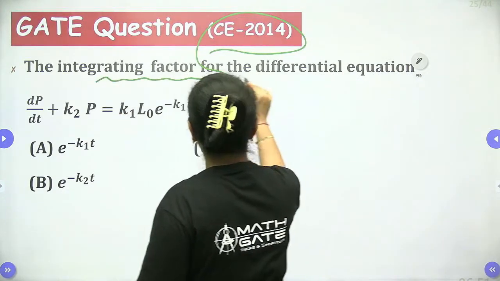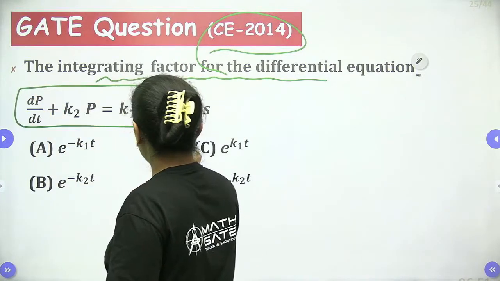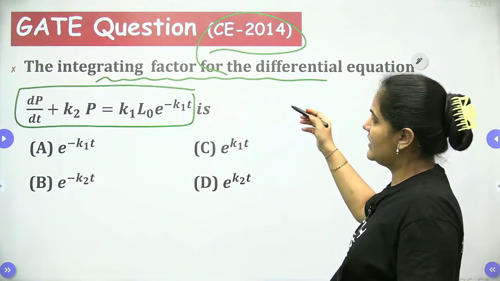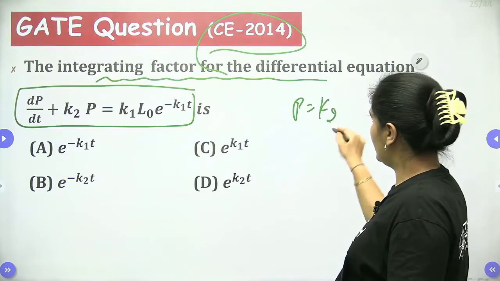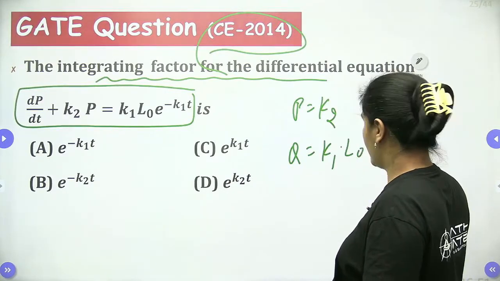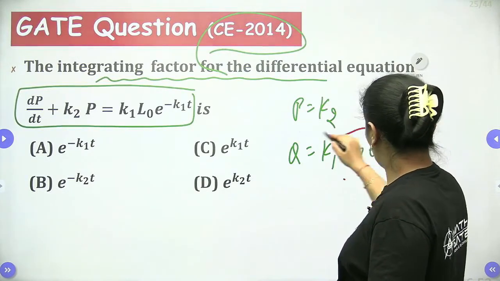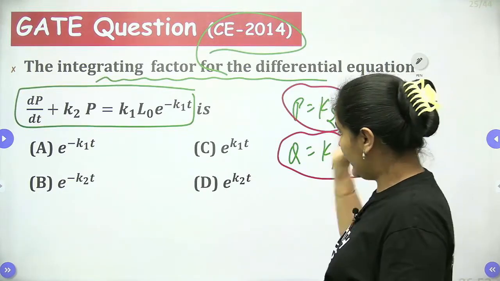So the integrating factor for the differential equation: we are having a differential equation, dp by dt plus k2p is equal to k1 L0 e to the power minus k1t, right? When we compare, p is equal to k2 only, and the remaining thing will be q. There is no need of q, but still we can write this as q only, and this will be p only. The question is talking about the integrating factor only.